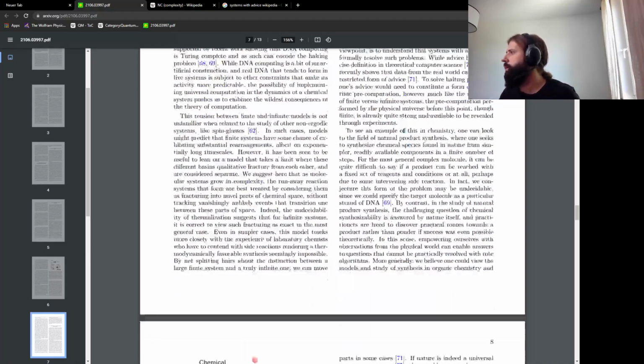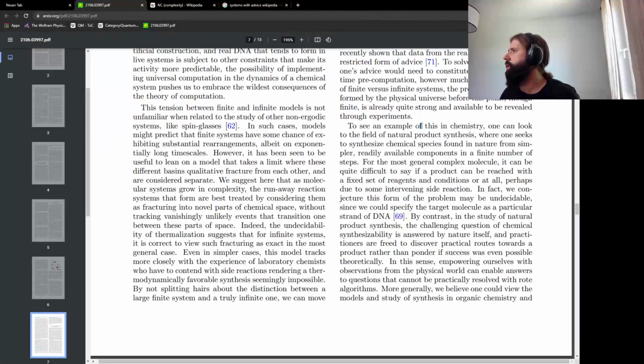To see an example of this in chemistry, one can look at the field of natural product synthesis, where one seeks to synthesize chemical species found in nature from simpler, readily available components in a finite number of steps. For the most general complex molecule, it can be quite difficult to say if a product can be reached with a fixed set of reagents and conditions, or at all, perhaps due to some intervening side reaction.